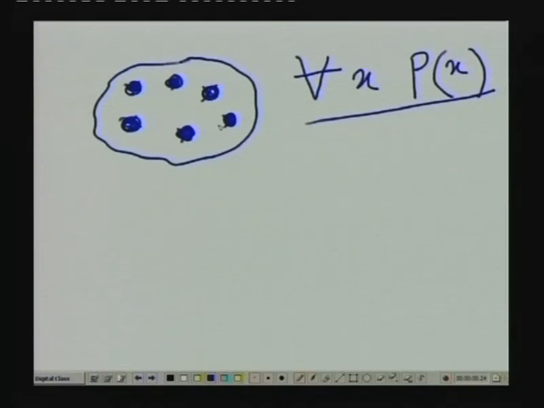Now, suppose I choose another color here, and I mark some special elements. Suppose I write there exists x such that q x.